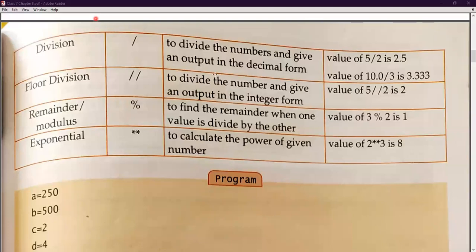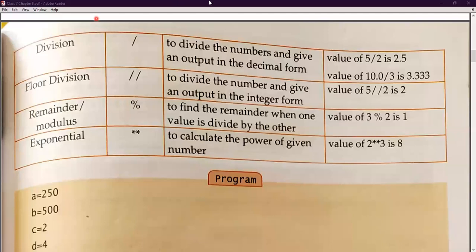What will be your answer? You will see that your answer is 2, but 1 is remaining, right? 1 is remaining. So if we want to print this 1, what is this 1? This 1 is the remainder. So if we want to print the remainder, then we will use this percent sign, or you can say the modulus sign.